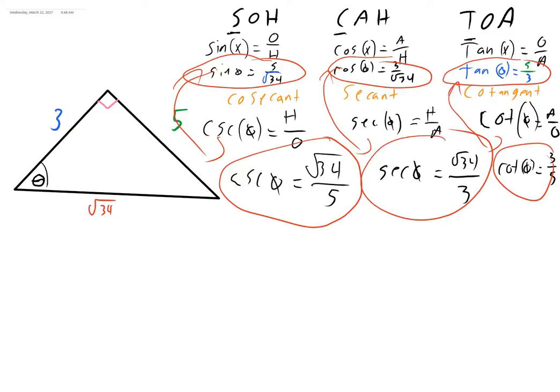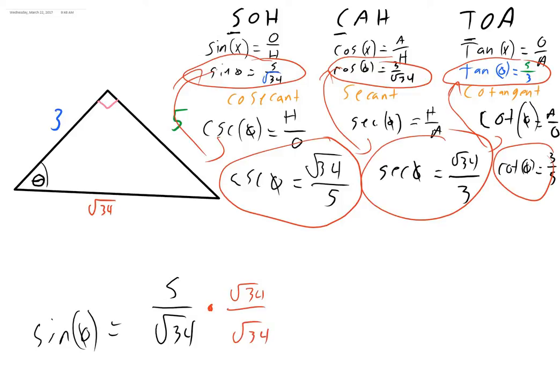Now, word of note, for these two right here, we notice that we have a radical in the denominator. So the way we would fix that is, let's write it out, where we have 5 over root 34, and that is sine of our theta. You want to remember that to rationalize our denominator, we just do root 34 over root 34.